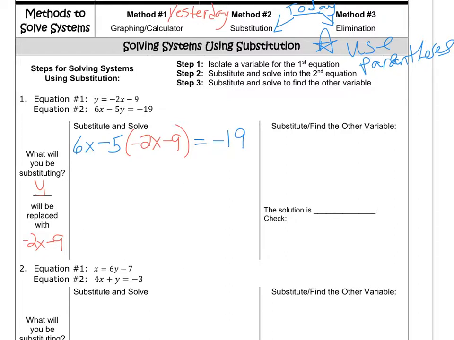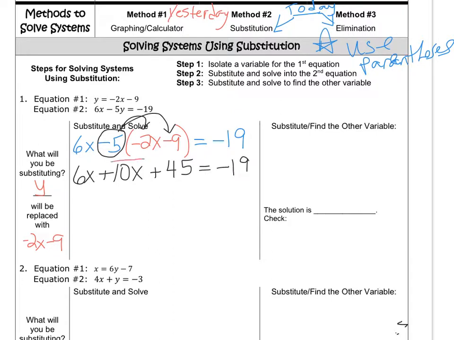And now we're just going to solve this thing. The first thing we have to do is take care of this negative 5 and distribute it to both things inside the parentheses. So we've got 6x, negative 5 times negative 2x is plus 10x, negative 5 times negative 9 is plus 45, equals negative 19.